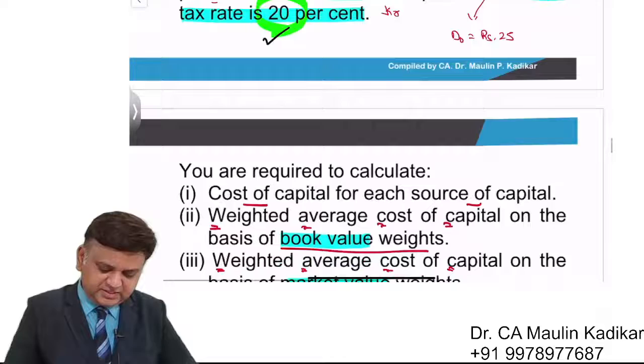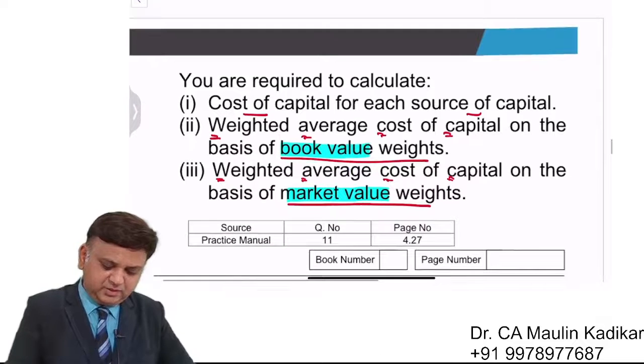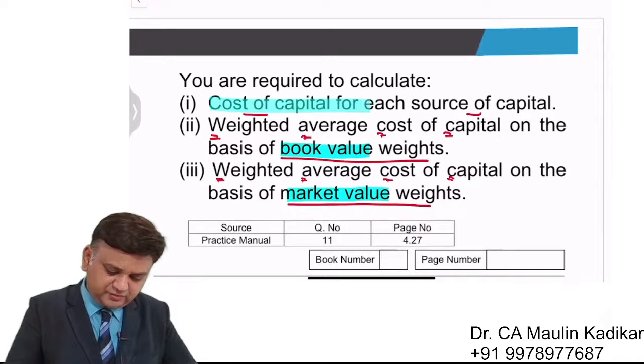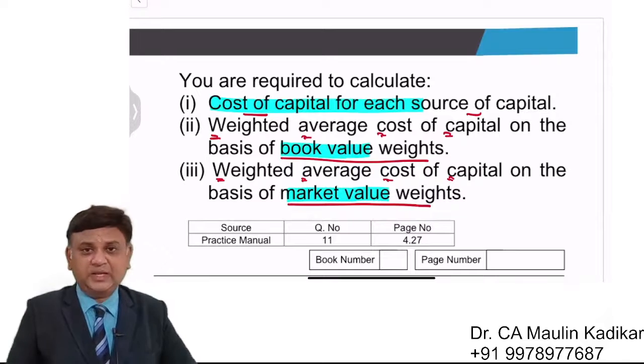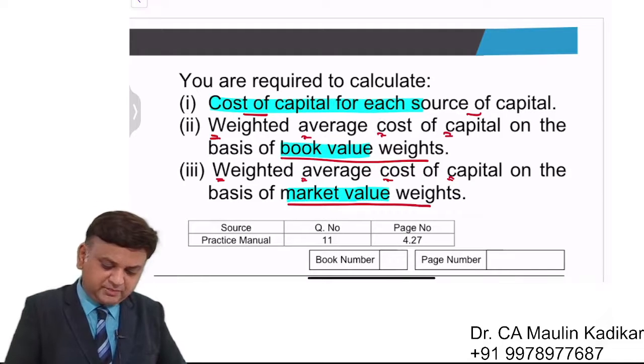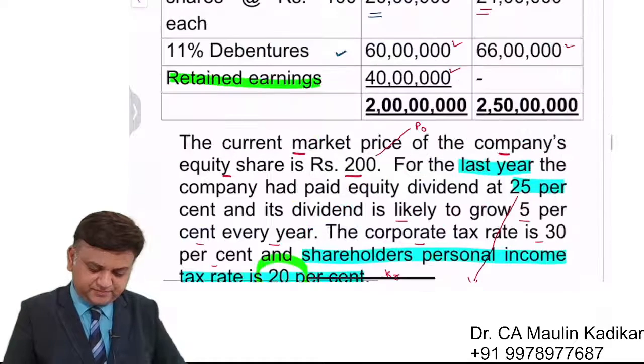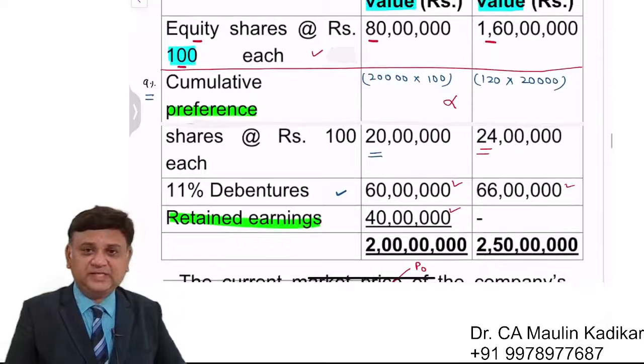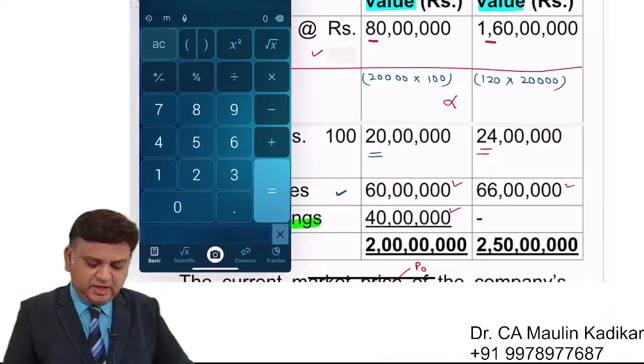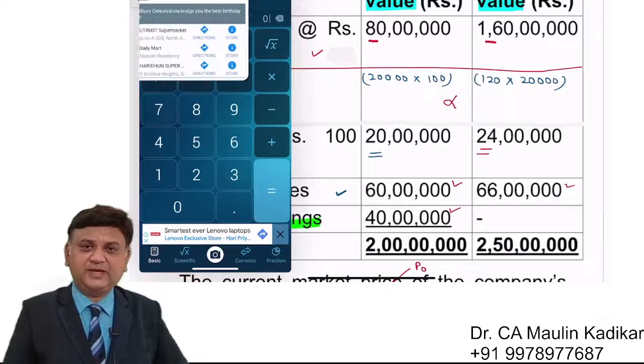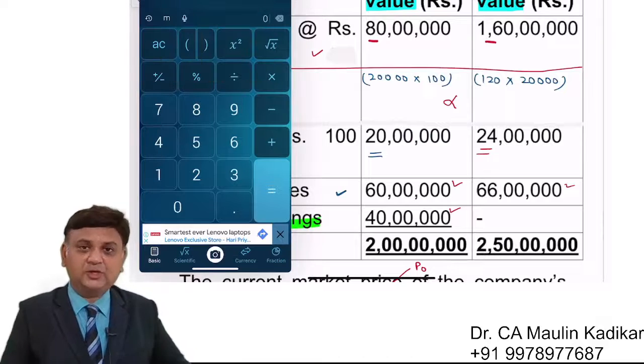So friends, now we have computed the cost of the individual sources of finance. Now we are required to compute the weighted average cost of capital, and for that we are required to take the book value weights. So 80 lakh rupees is the equity financing out of 200 lakhs.